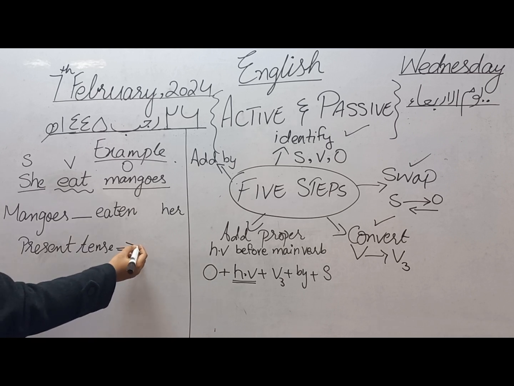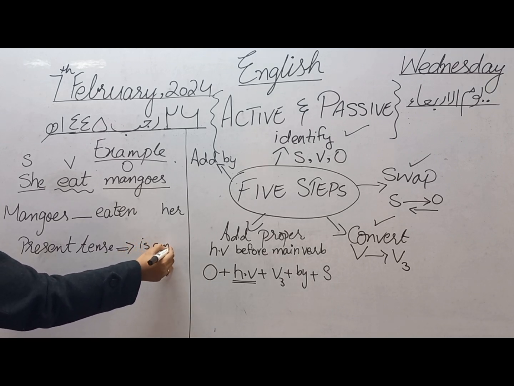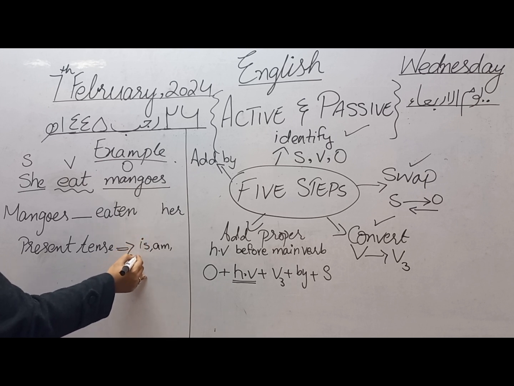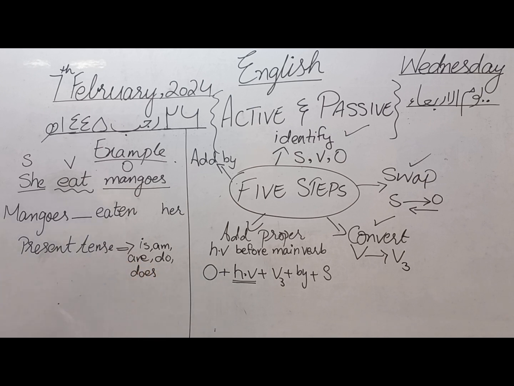Okay, we are using is, am, are, do, mangoes. Very good. So these are the helping verbs we are using. So here, which helping verb is suitable with the mangoes?